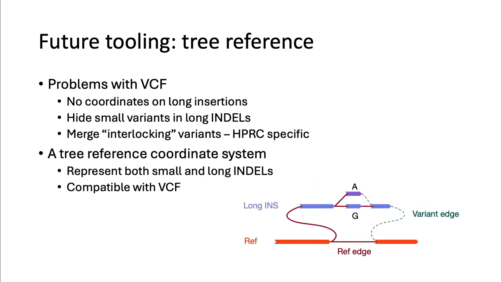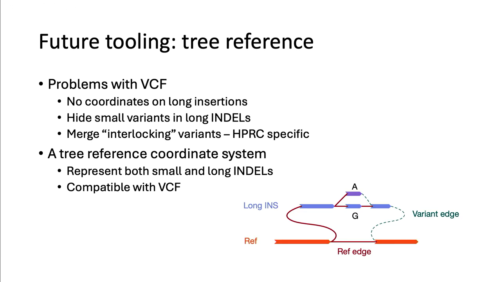And also, we are thinking about linear reference coordinates. The current problem with VCF is there are no coordinates. For this example, you have a long insertion on the reference, and then inside the insertion there's a SNP. With the current method, if you do that with VCF, there's no way to encode this SNP, because it's not on the reference coordinates.